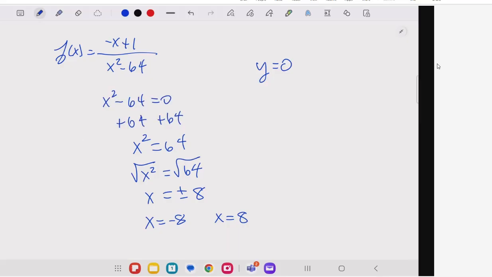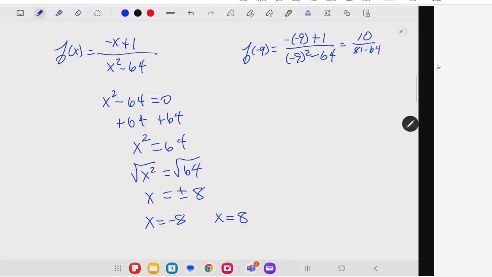So I'm going to plug in a -9 into my function. So I'm going to find f of -9. So it's -9 plus 1 over -9 squared minus 64. So that's -8 over 81 minus 64.